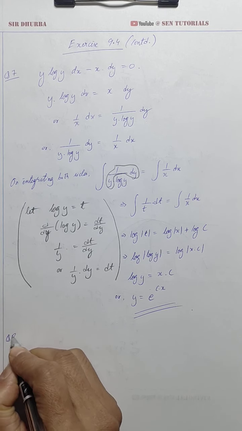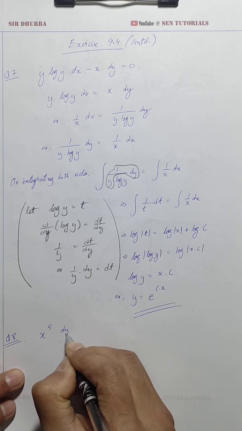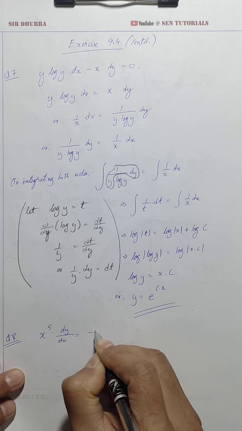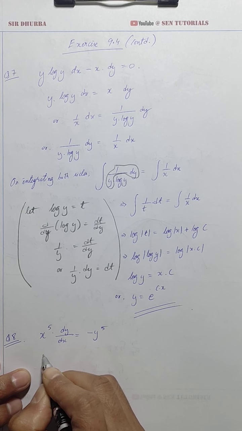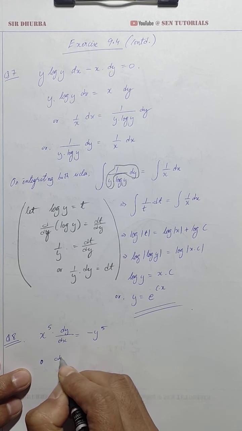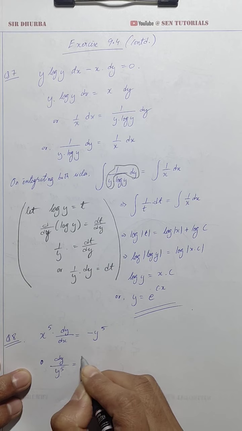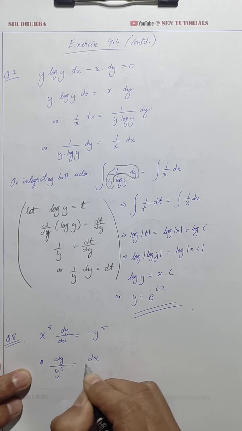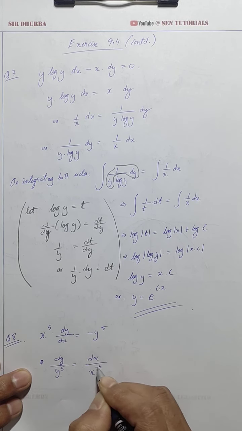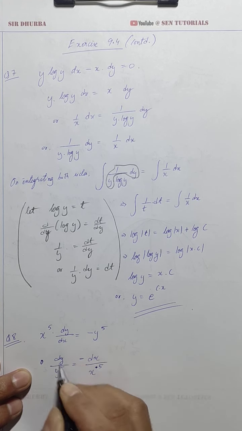Alright, question number 8. What do we have? x power 5 dy by dx equal to minus y power 5. Let's separate the variables. dy by y power 5 is equal to minus dx by x power 5, negative value here, no?